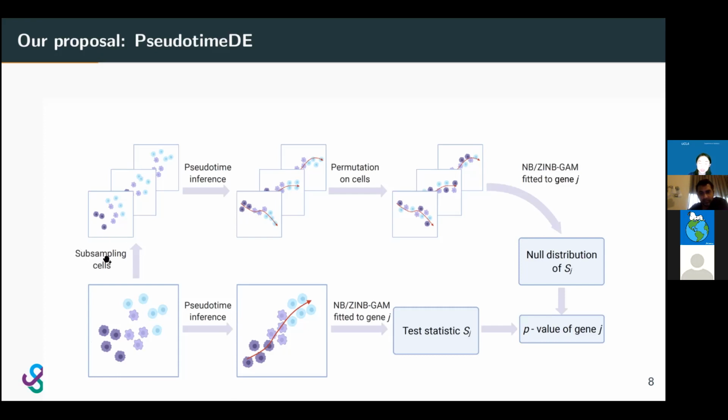But if you do the subsampling and pseudotime inference again for each subsample, you are applying the whole procedure: pseudotime inference, the NB-GAM, and then test statistic calculation. So you included the pseudotime inference as a step in the whole procedure. But if you just permute the pseudotime here, you are fixing the pseudotime. Yeah, that makes sense.